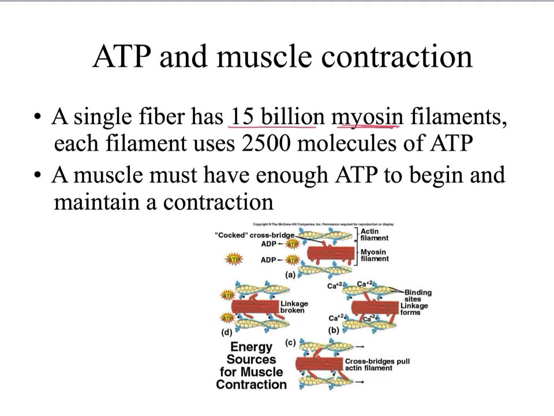So each filament uses 2,500, so you can do the math. So 15 billion times 2,500 molecules of ATP will tell you how much ATP one muscle cell is going to need. So the muscle cell is going to have enough ATP to begin and also to maintain a contraction. And we'll talk about muscle fatigue in just a moment, when you actually run out of the ATP and you cannot continue on.